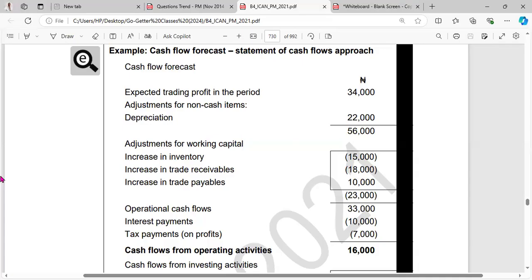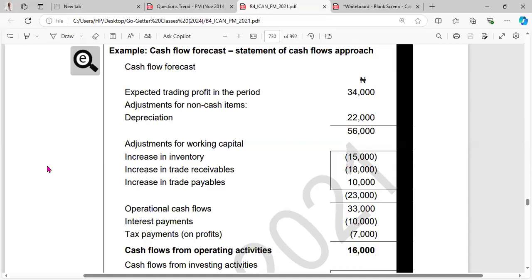Then you see here, after getting the working capital adjustment, which happens to be this 23 here, you use it to reduce this 56,000, your operational cash flow becomes 33,000. So this is the cash flow you get from operations.